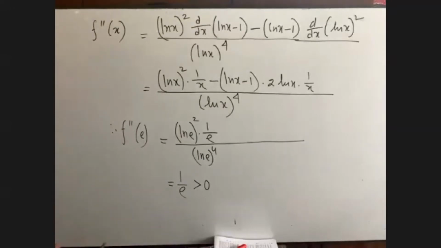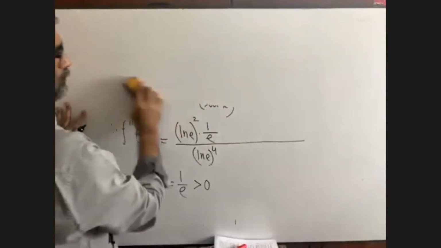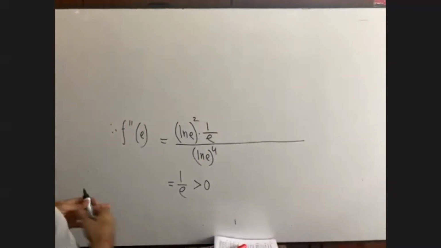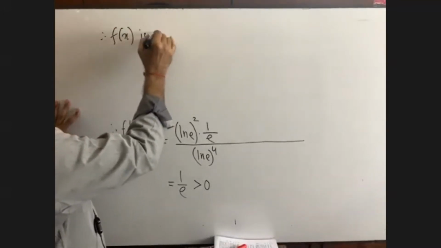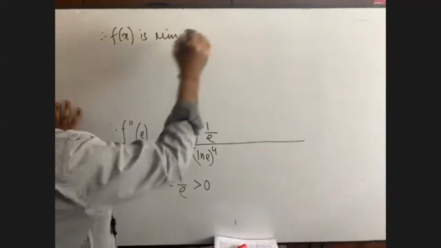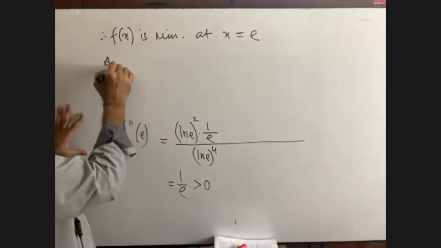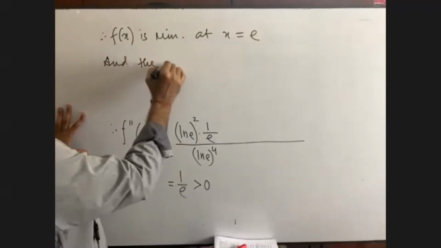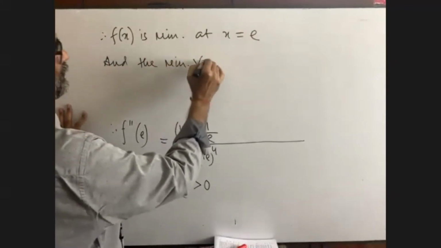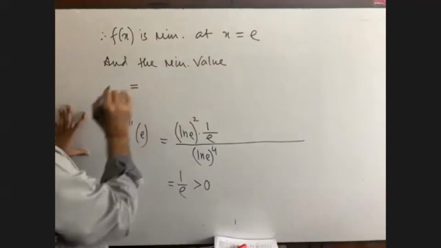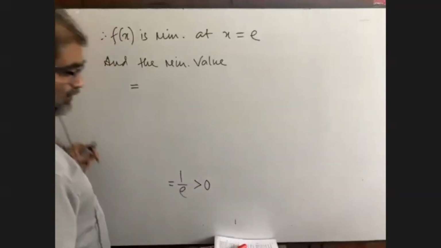Yes, sir. So if it is greater than 0, then what we may write? Talk to me. Therefore, f x is minimum at x equals to e, and that minimum value is equal to, what was the given function?